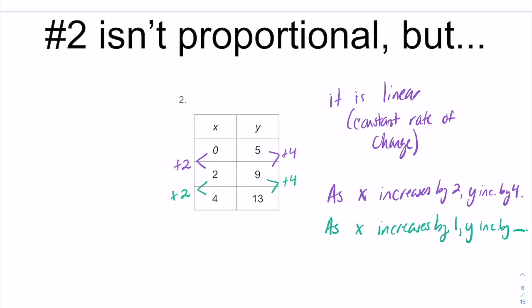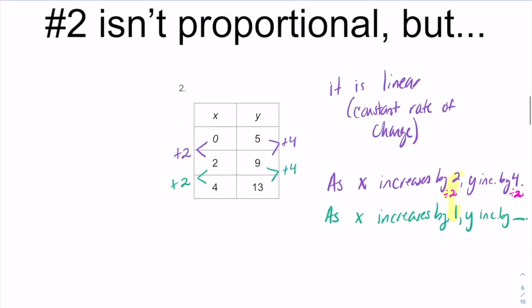Pulling back on our knowledge from the rate tables that you made when you were in 6th and 7th grade, looking at proportional reasoning and rates and ratios, I would have to divide by 2. 2 divided by 2 would give me 1. For the change in y, I would also have to divide by 2 to scale that down.